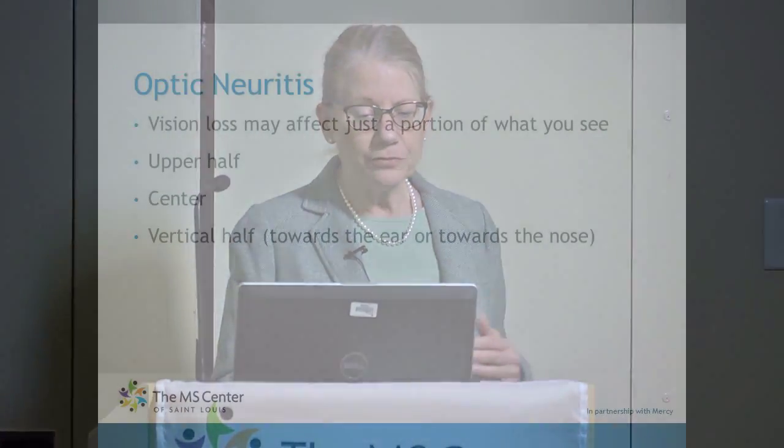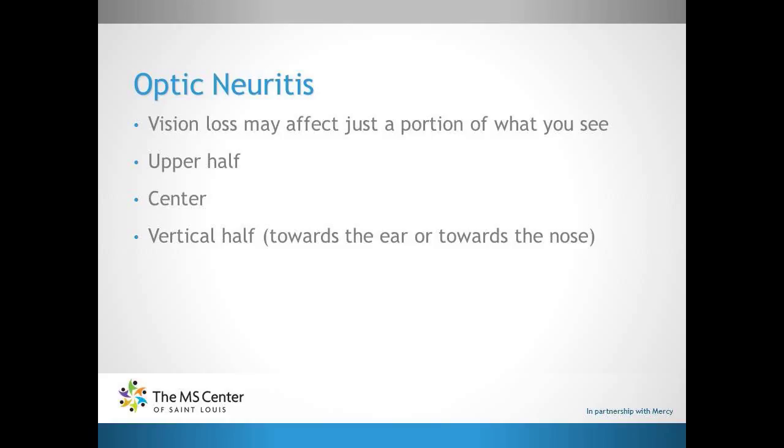The vision loss may not be everything that you see. It may just be a portion of what you see. Typically, it's the upper half of the vision. Sometimes it can just be in the center, and so it feels a little bit like a migraine, for those of you who've had migraines where you have some vision loss. So you can't see in the center, but you can see in what some of you may call your peripheral vision.